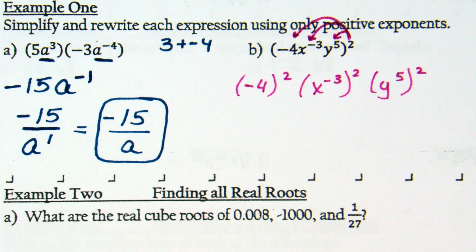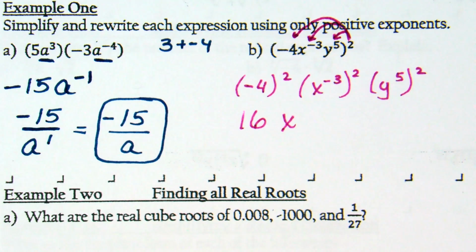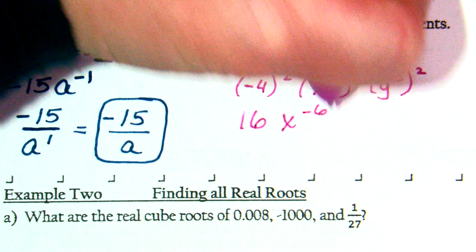It's going to become positive. So this is going to be 16. X to the what power? Negative 3 times 2 is negative 6. Y to the 5 times 2 is 10.